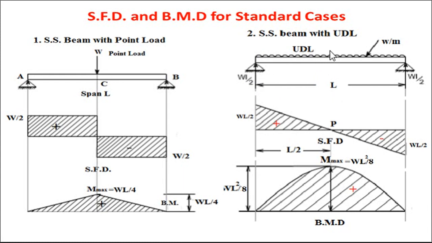WL by 2 into L by 2 minus W into L by 2 into L by 4 gives the ordinate. It is not minus; it is only WL square by 8. That will be the maximum bending moment.